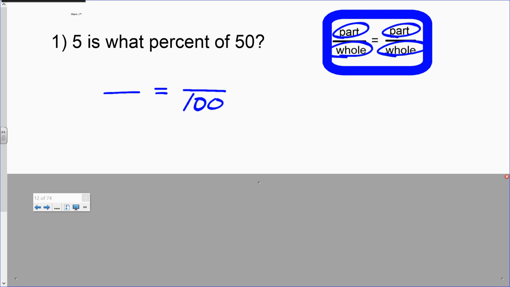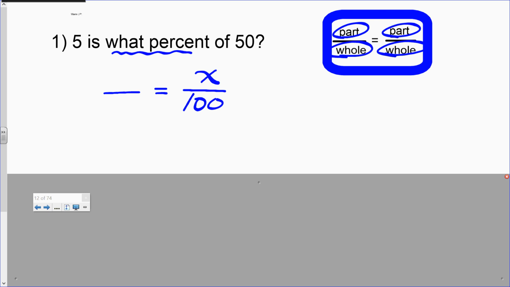Let's see. Watch this. 5 is what percent? Look at the question. The unknown is the percent. What is the percent? So I know that the unknown is going to be over 100, because that's the question. The unknown here is x. Put an x there. 5 is what percent?